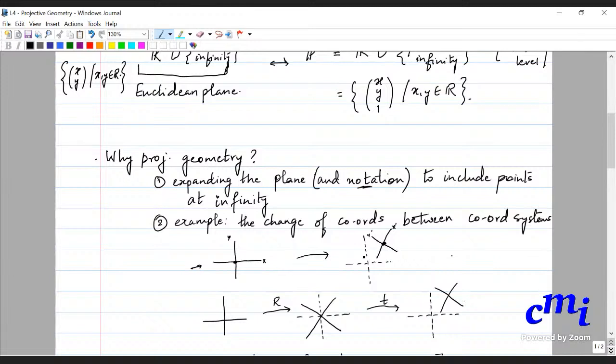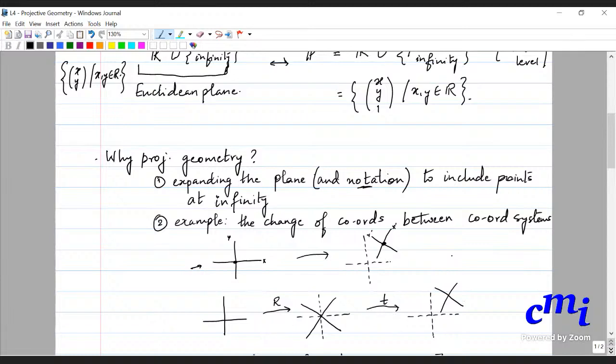How will you achieve this change of coordinates? You will have to do a rotation and then a translation, or you do a translation, then a rotation. But the point is, it's going to be a composition of a rotation and a translation. So the simple action of changing coordinates involves these two things, rotation and translation.